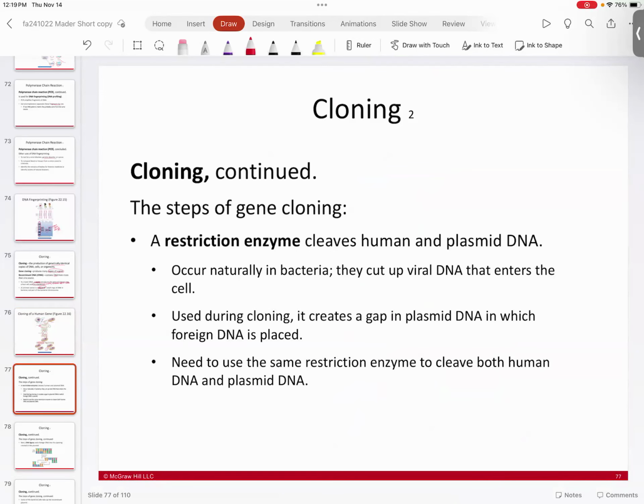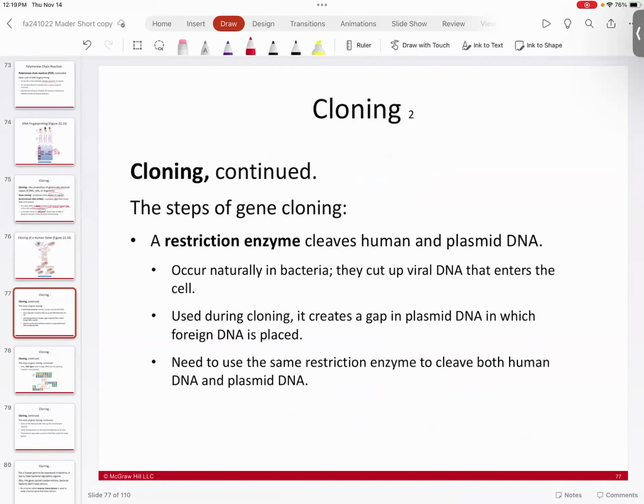So how do you go through gene cloning? Well, the first step is to use a restriction enzyme. In this case, you're going to cleave both human and plasmid DNA. The good thing is plasmids are natural things in bacteria, so they know what to do with that. During the cloning, it creates a gap in your plasmid DNA like we saw previously.